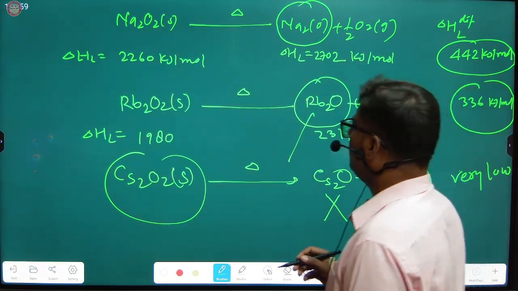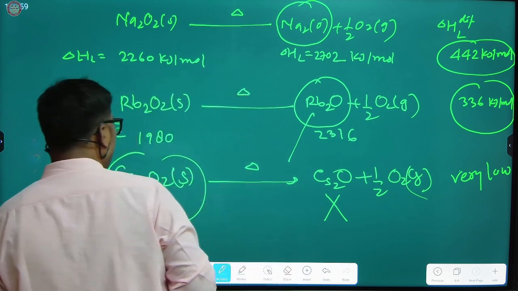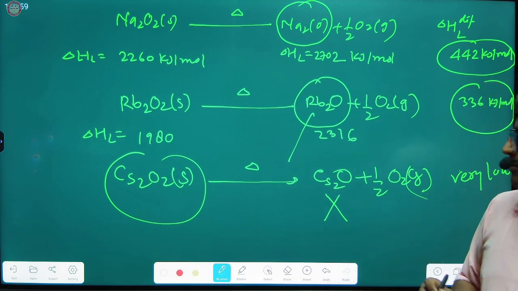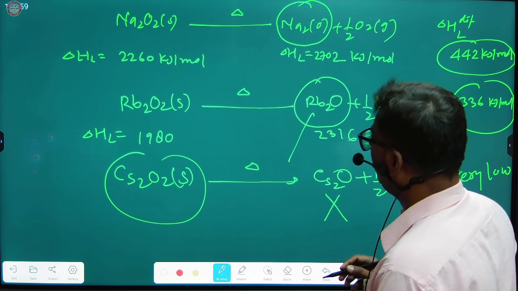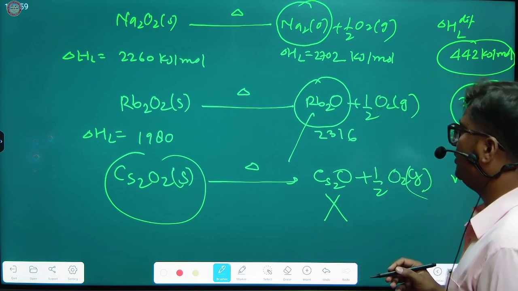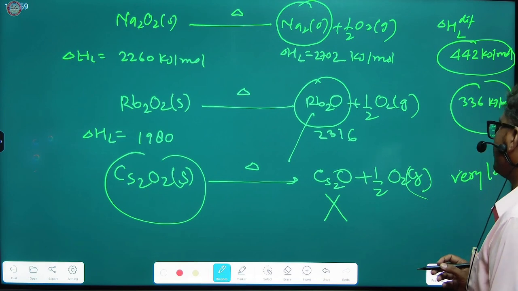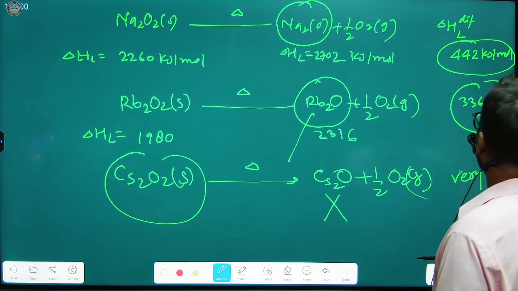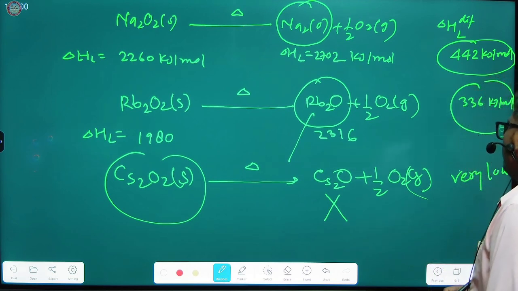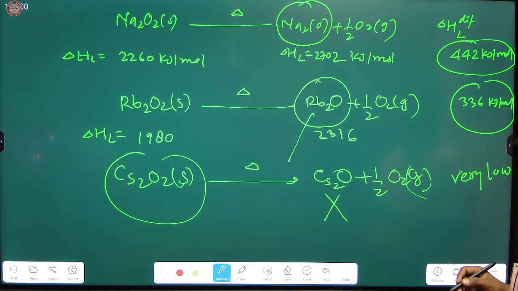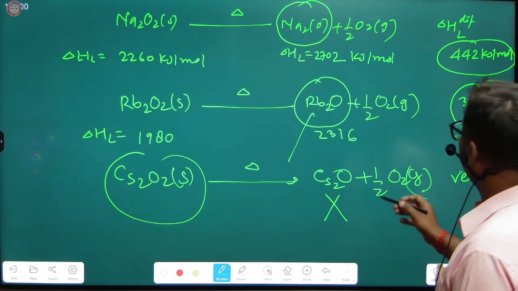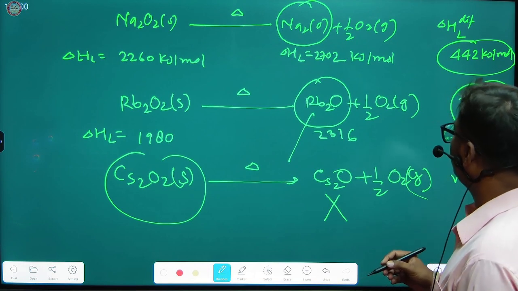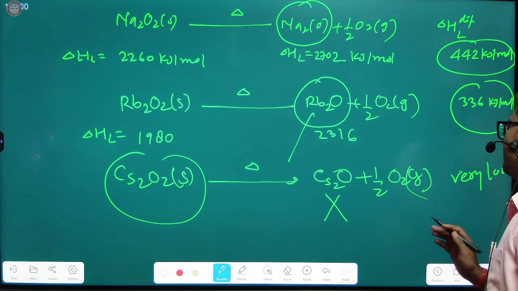It is also due to the size effect: larger cations effectively stabilize the peroxide ion, and it is not easily broken down into monoxides because of low thermal stability and lattice enthalpy difference. So you can say that monoxide formation decreases down the group in the respective group 1 metals.